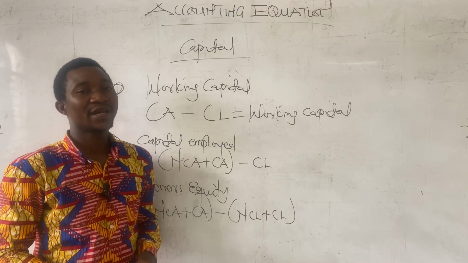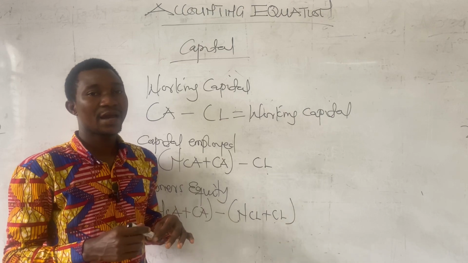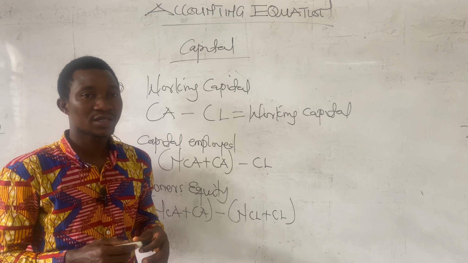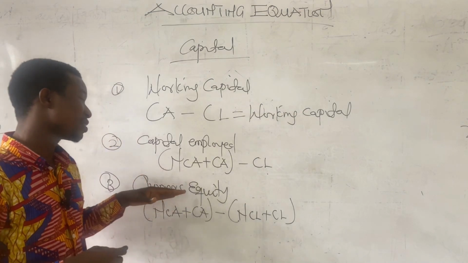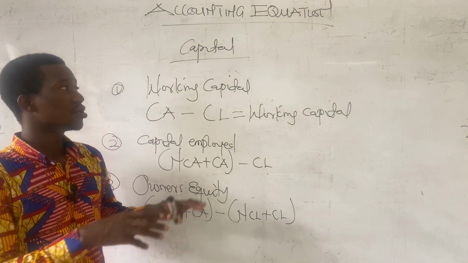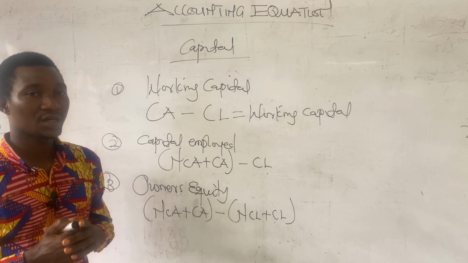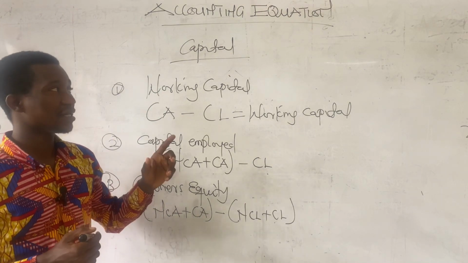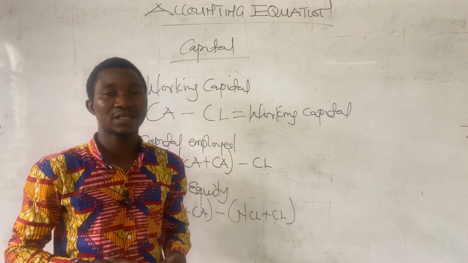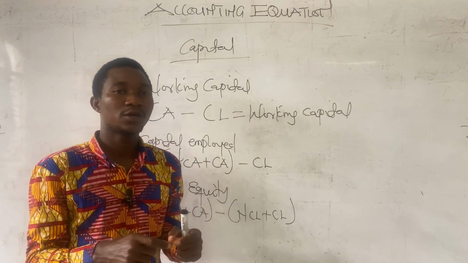So I think with the explanation of these three key terms, that is the assets, capital, and liabilities, any accounting equation question, you should be able to solve it. But remember that the owner's equity is the same as the net worth of the business. As I said earlier on, this accounting equation, which states that total assets of a business is equal to capital plus liability, is the summarized form of the balance sheet.